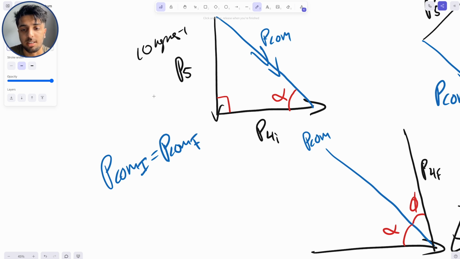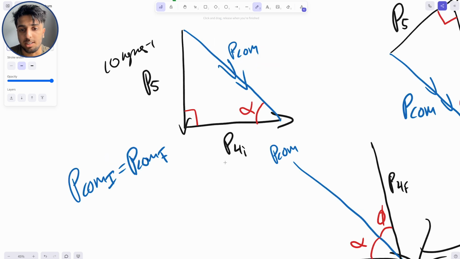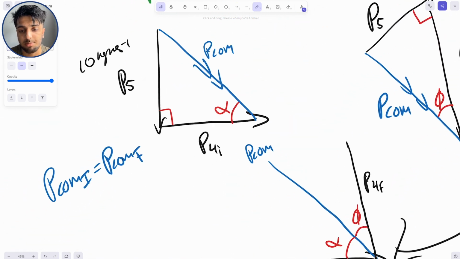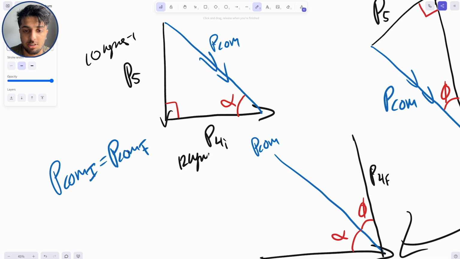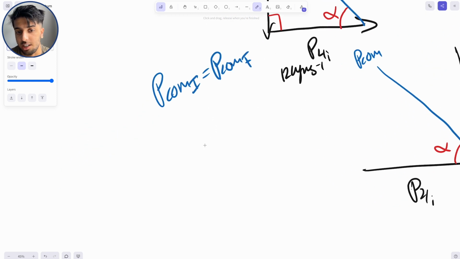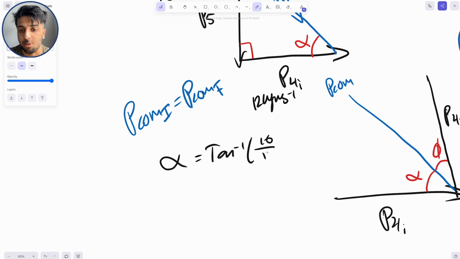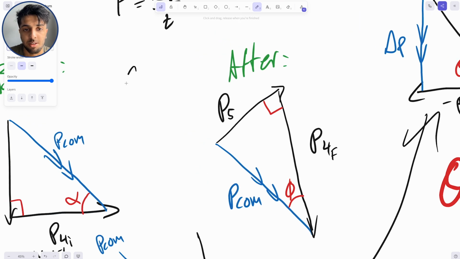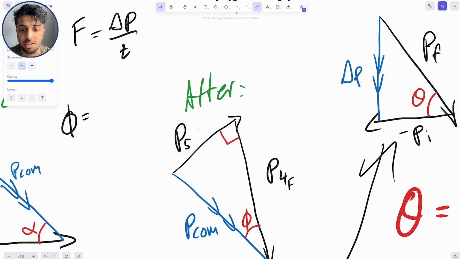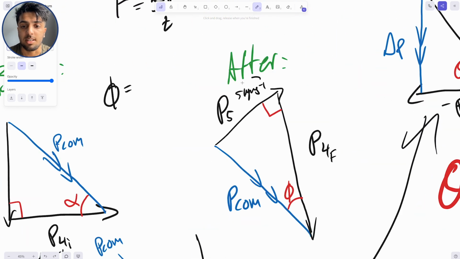And we can get our P4 initially, which was 12 kg meters per second. And so that is opposite and adjacent, so that's our tan relationship. So alpha is equal to the inverse tan of 10 over 12, and our phi, P5 afterwards, was 5 kg meters per second. So that's the momentum of our P5 afterwards.